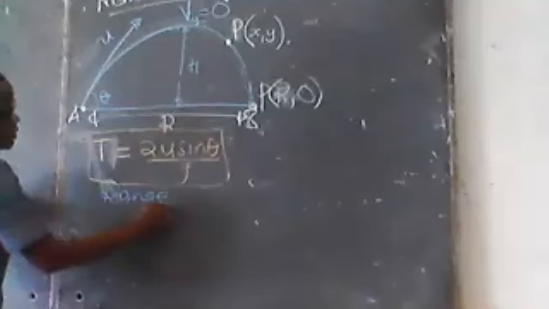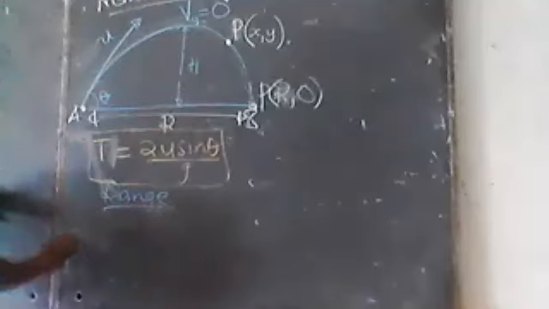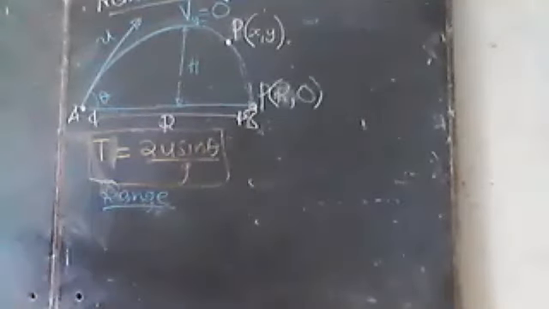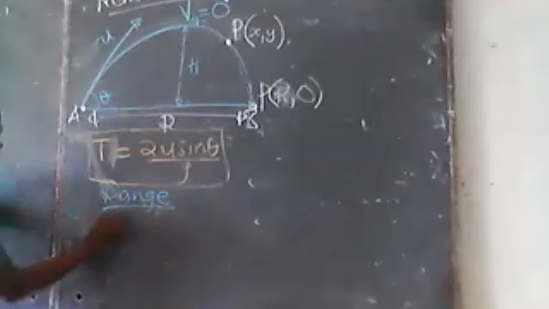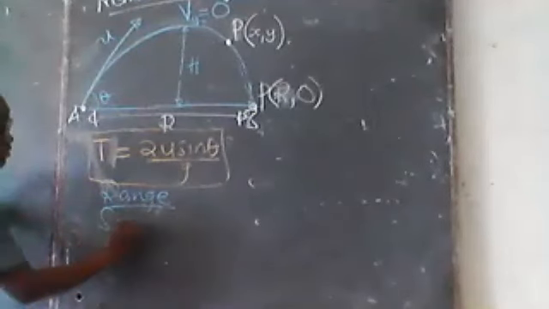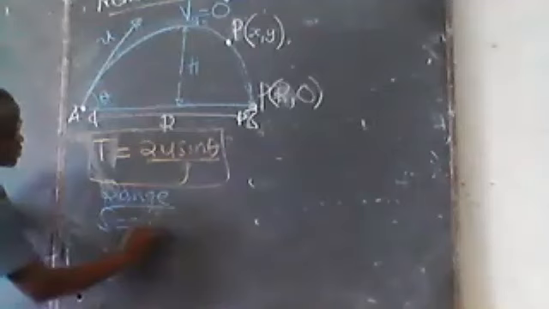Horizontally, I called my horizontal component R. The u is going to be u cos theta times T, which T now has become the time of flight, plus what? Another, plus what? Here.